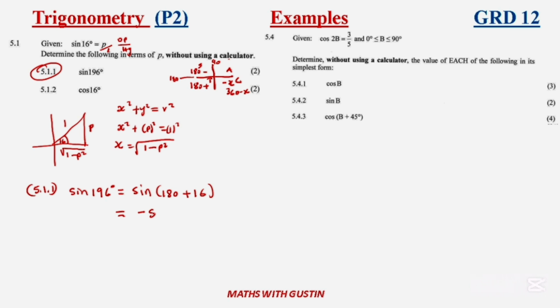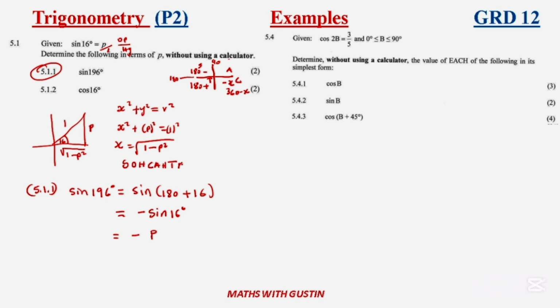It is negative in this case, because this is the quadrant where tan is positive. Sine is only positive in the second quadrant. So what is sine 196? It's going to be negative p.